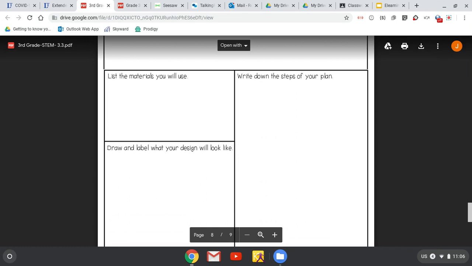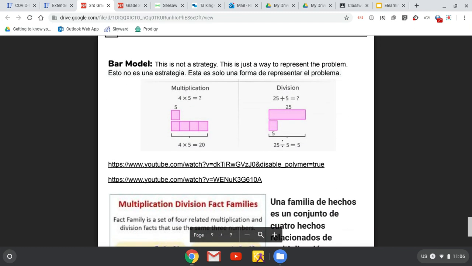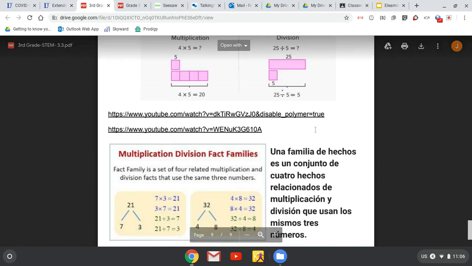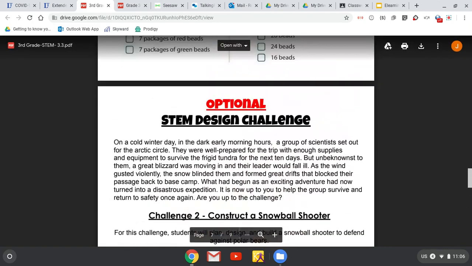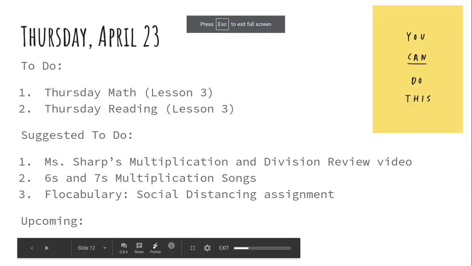Draw and label your design. And write down the steps of how you're going to construct the snowball shooter. The last page has some images and some videos if you need extra help. Make sure you are looking at these images and reading the examples. Okay, that is our math and our reading for Thursday, April 23rd.